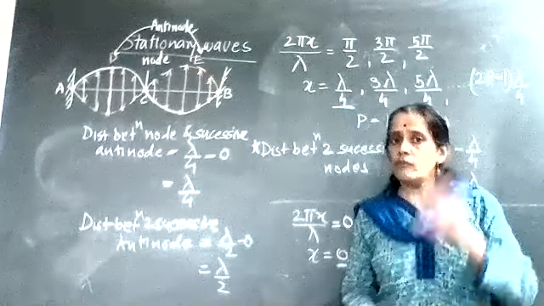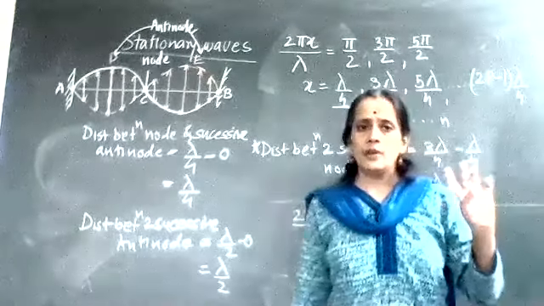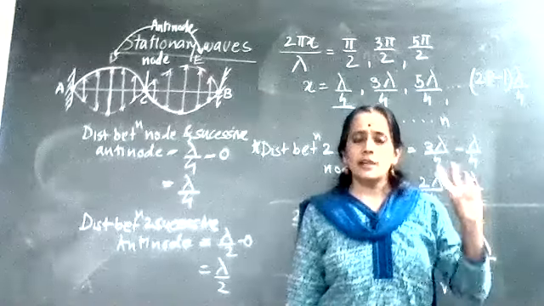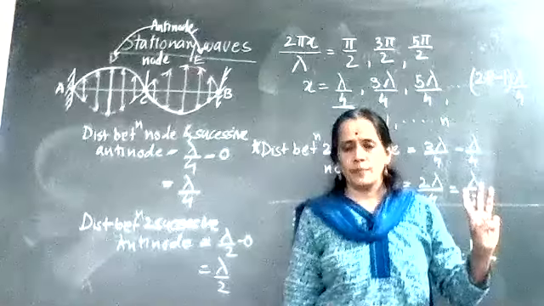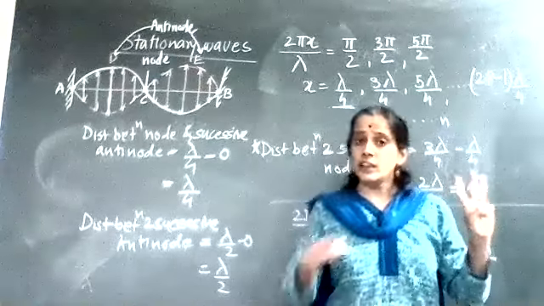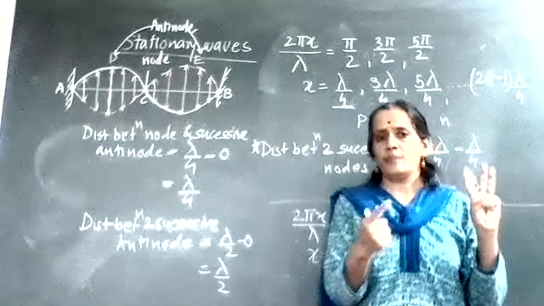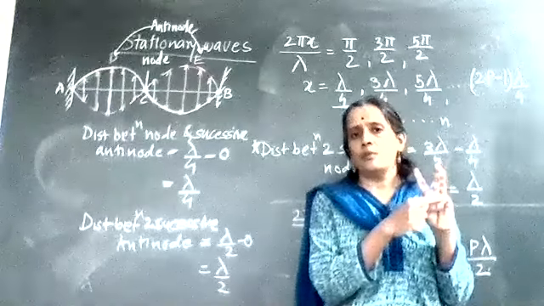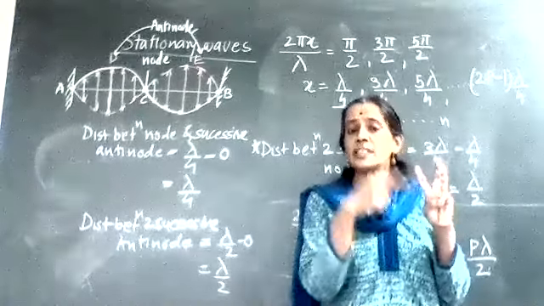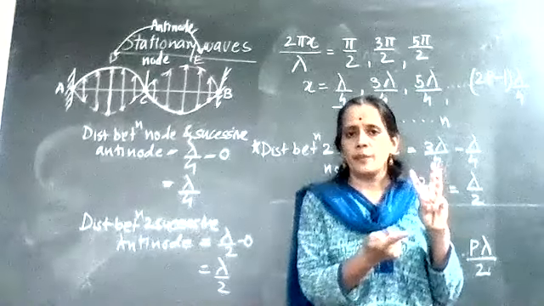So I'll recall 5 points for the node. Node means the displacement of the particle is 0. Now, here I'll give one more important point. For node point, displacement is 0, but the pressure exerted is maximum.